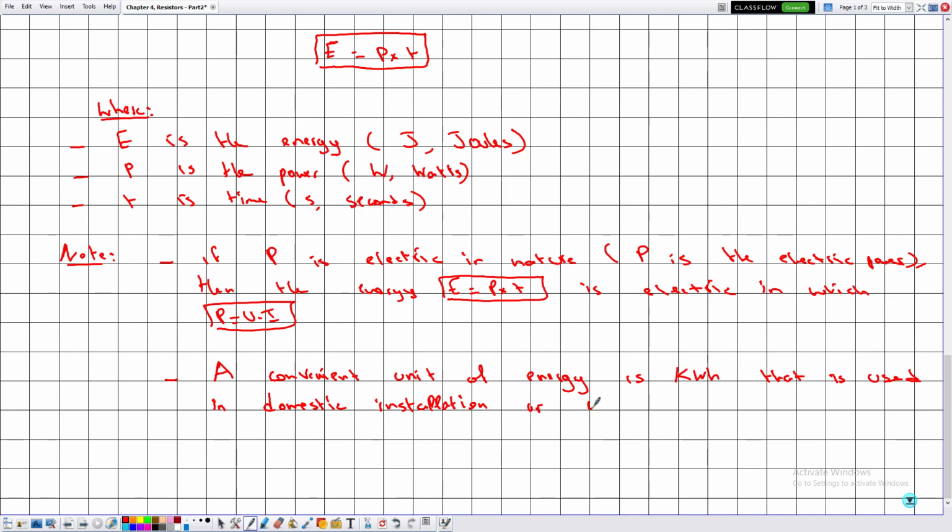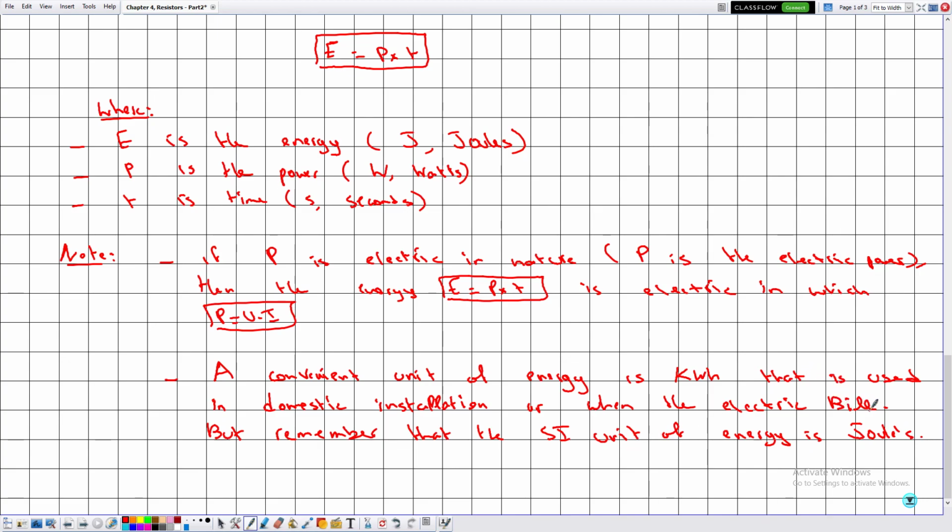Or when calculating the electric bill, but remember that the SI unit of energy is joules and not kilowatt hour.